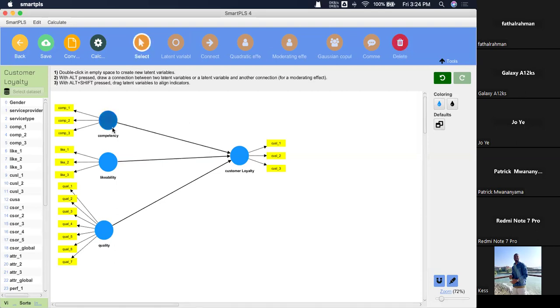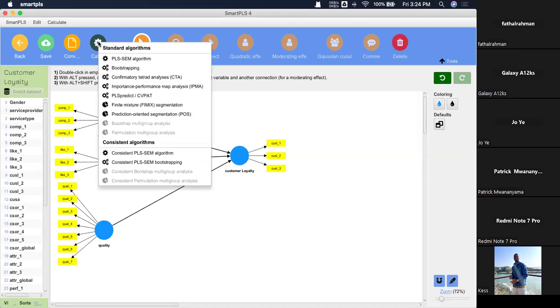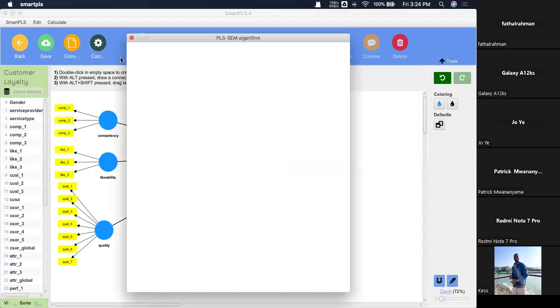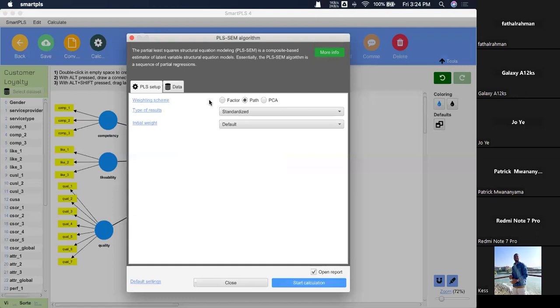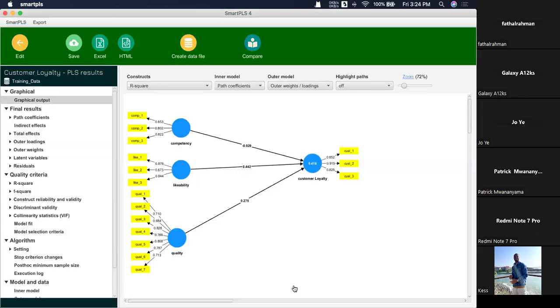After deletion, deactivate your delete button and go back to calculate. We repeat the same process as in the first calculation: PLS-SEM algorithm, all the settings remain constant, then I run. Do we have a new output now?